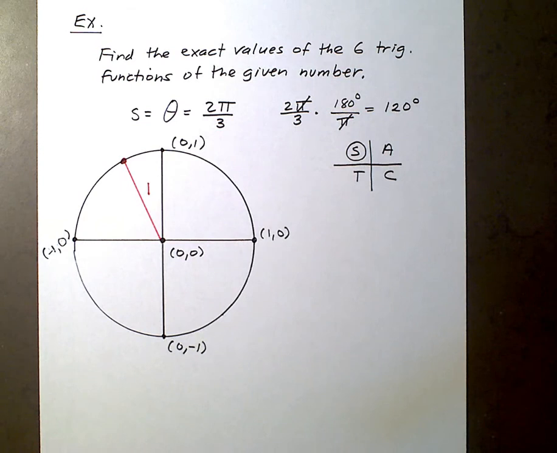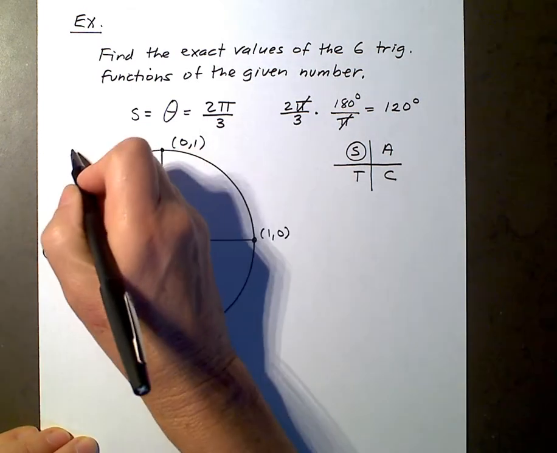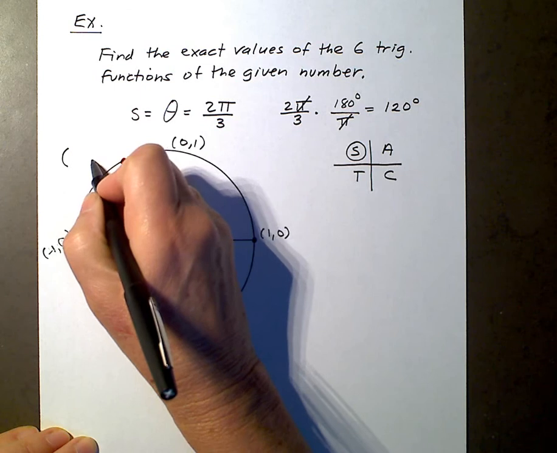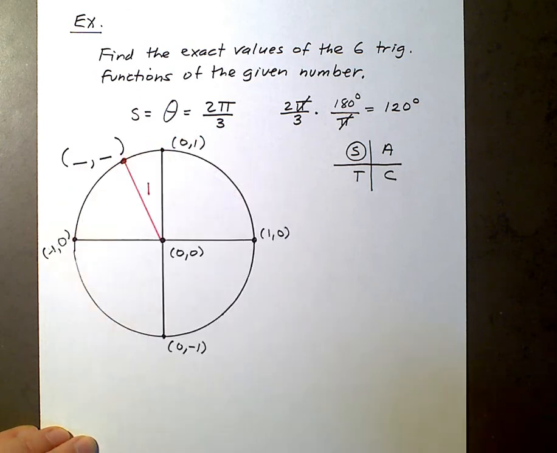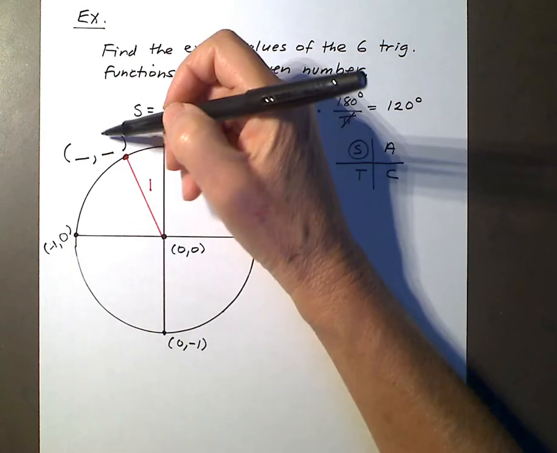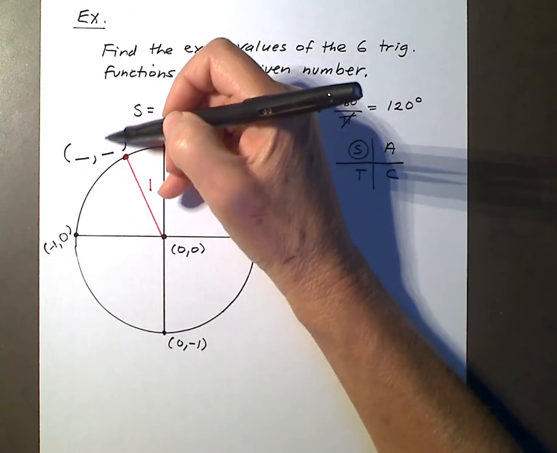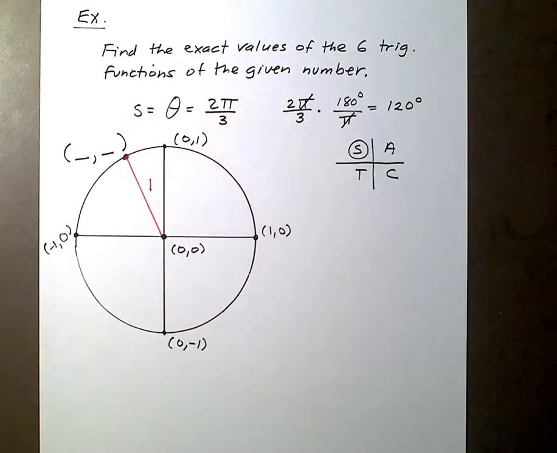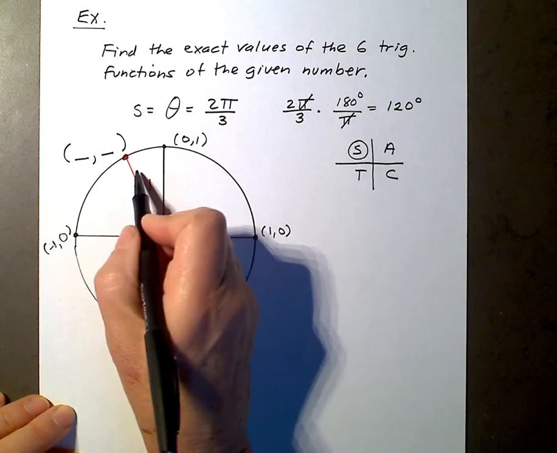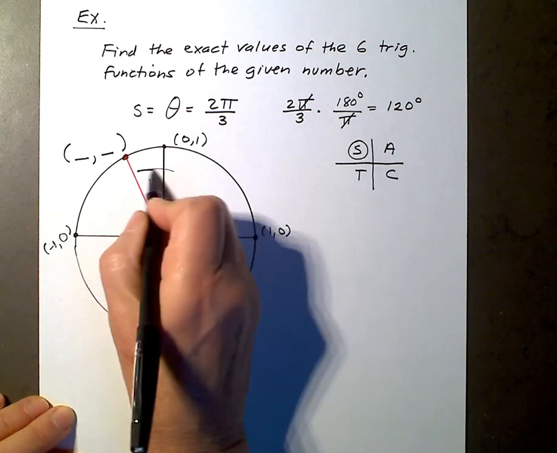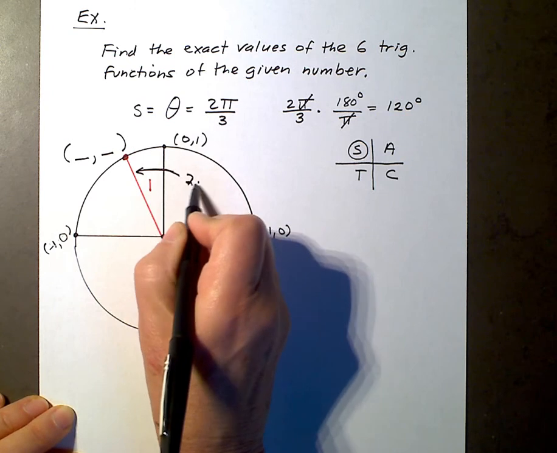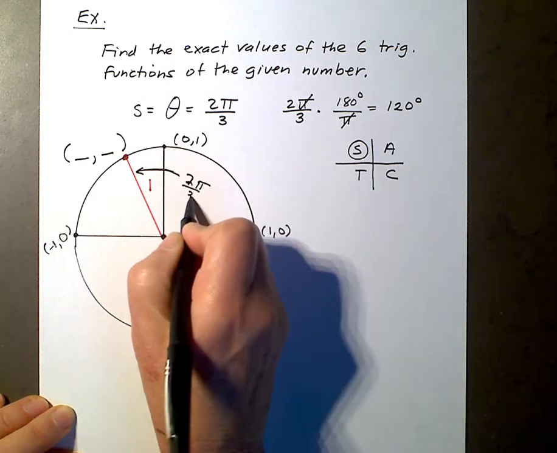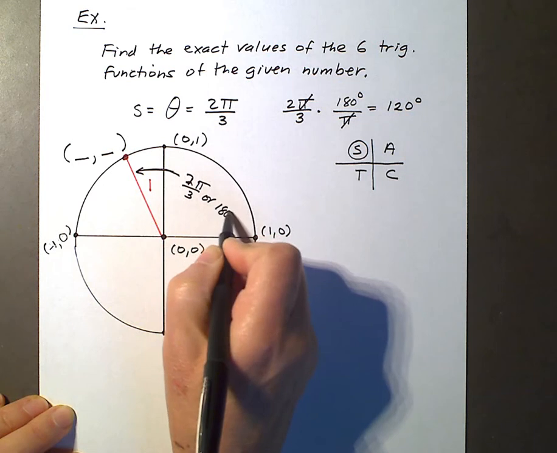Okay, so what we need to do is figure out the coordinates of this point, x, y. And that's because when we do, this coordinate will tell us the cosine, and this coordinate will tell us the sine of this angle.